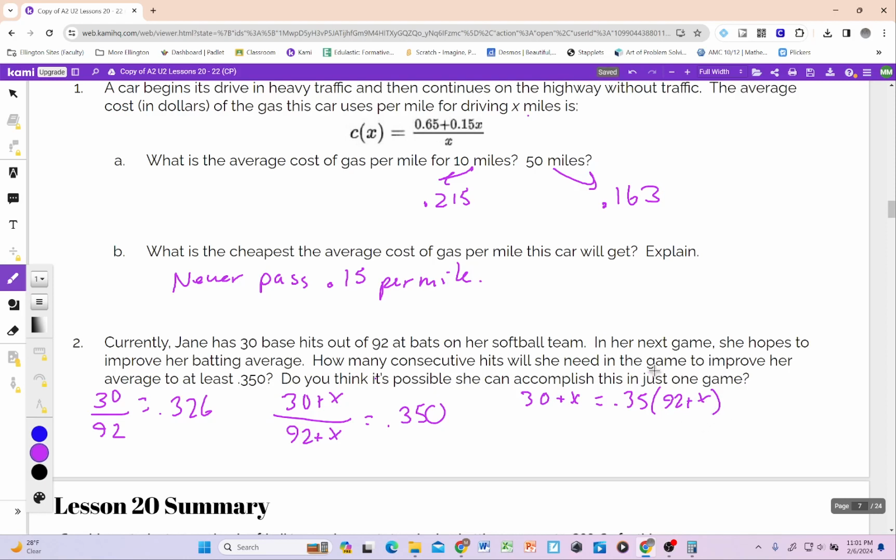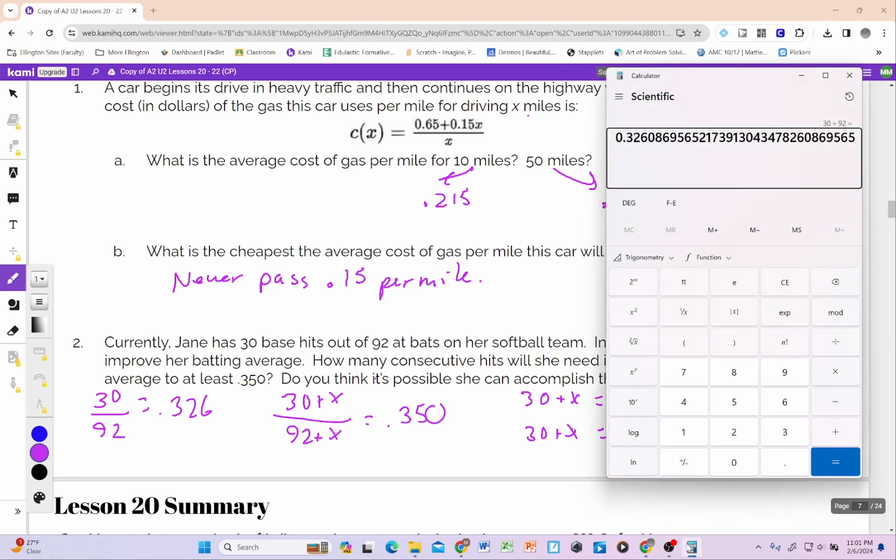And then all we have to do is distribute and solve. 30 plus x. I'm not going to write everything completely out. Equals 0.35 times 92. What is that? 32.2.